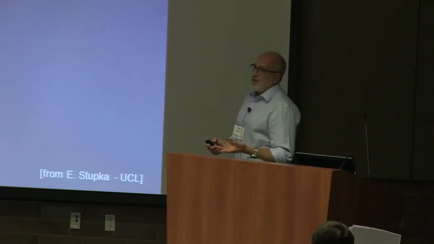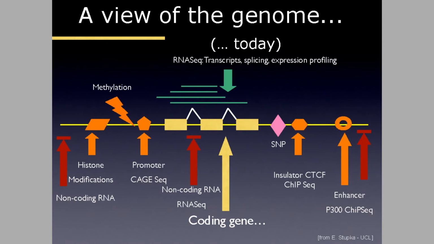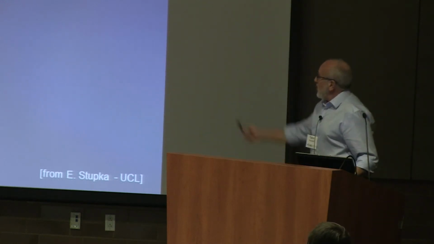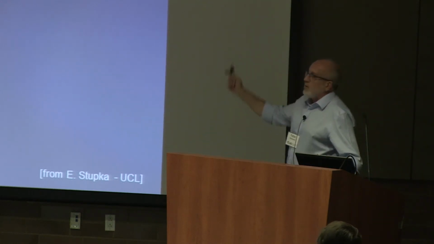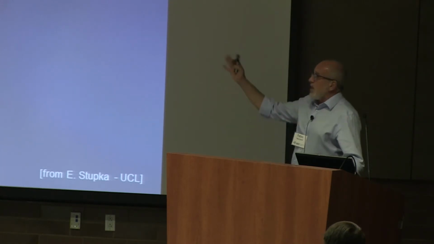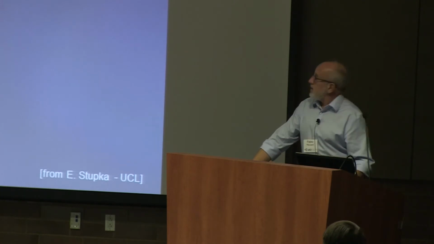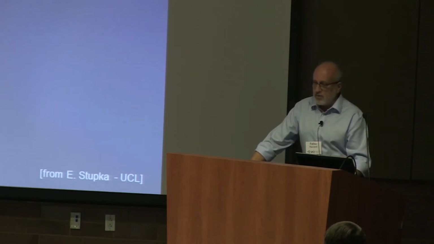And the complexity of the genome is more or less summarized in this particular slide, where we know that we have genes that are coding. We have variants that are single nucleotide polymorphisms, and then we have functional regulation in terms of whatever happens around the genes that regulates the expression and then the function of those genes.